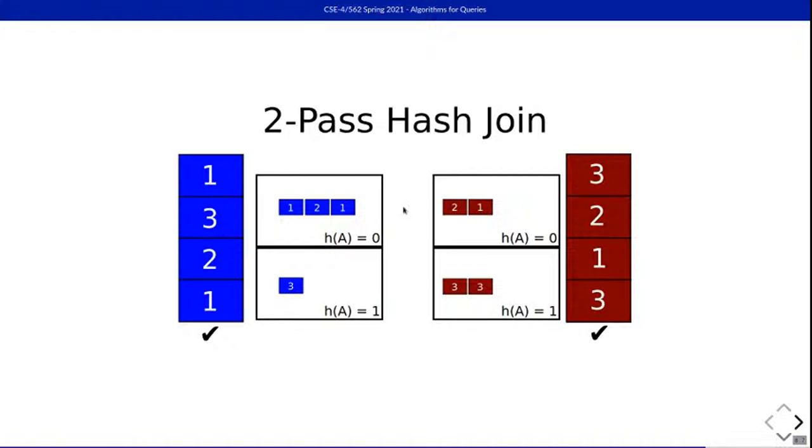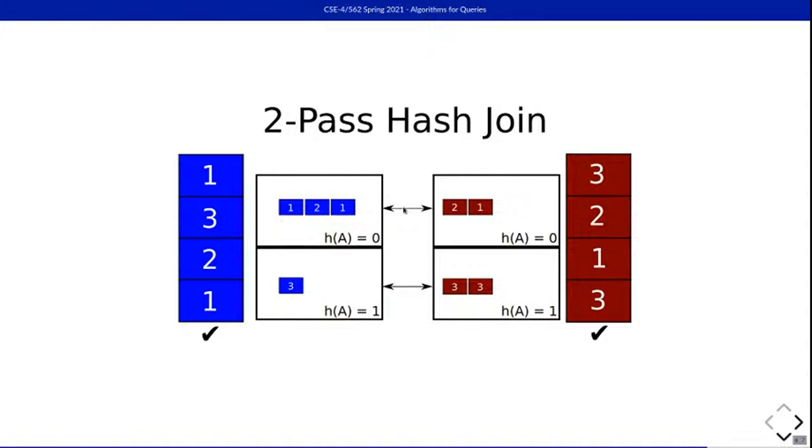The gimmick here is that we're guaranteed that the only matches that are possible are between corresponding buckets, because those are the values that hash to each other. So we can load in one pair of buckets, do an in-memory join between those, and as soon as we're done with that, we know that there are no other ways that we can join tuples in either of those buckets.